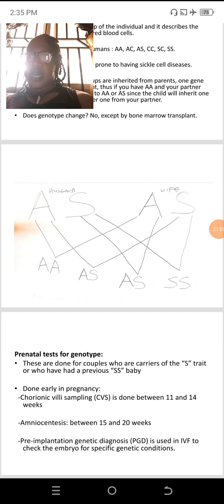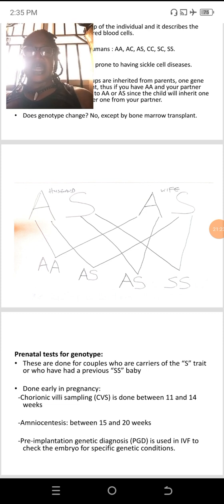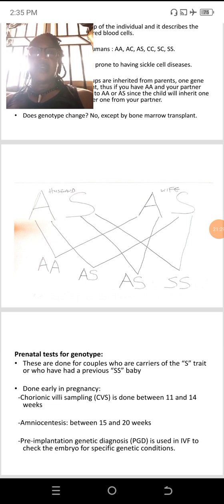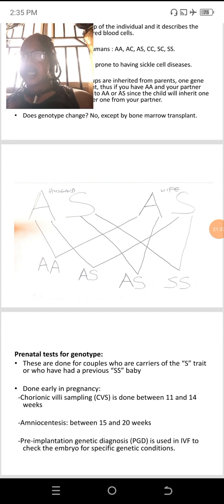And when the child or the individual is under regular monitoring and supervision at the hospital, then he can live an active life and can live almost as long as individuals who do not have the SS genotype. Is there any other question?